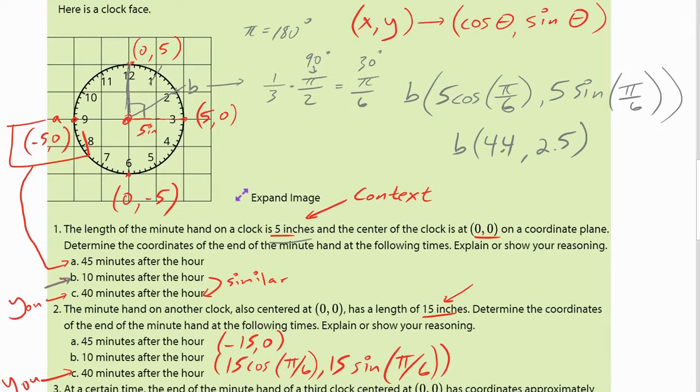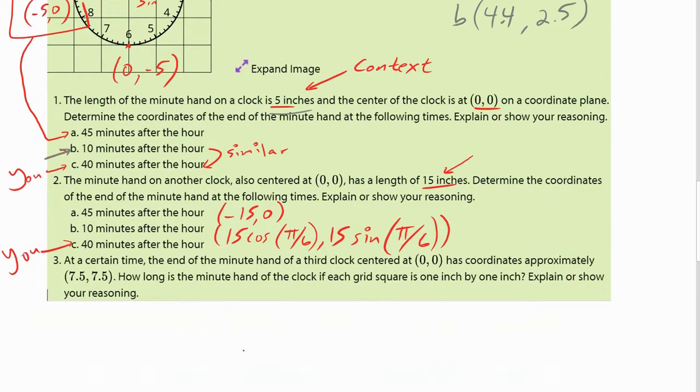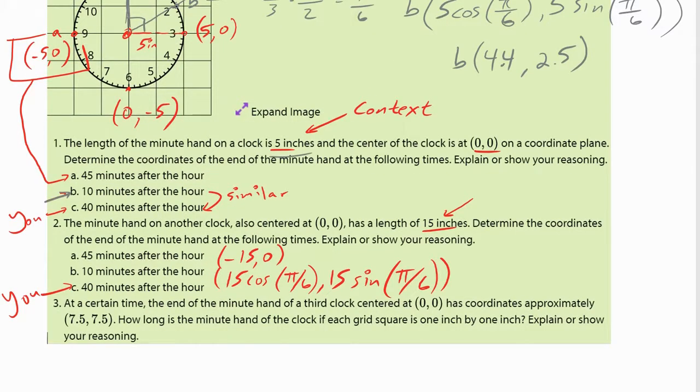All right, number 3. Number 3, this is going to be an interesting one. Okay, so at a certain time, the minute hand, approximately 7.5 comma 7.5. So let me draw this to kind of show you what's happening. What they're asking you is, can I draw a circle?